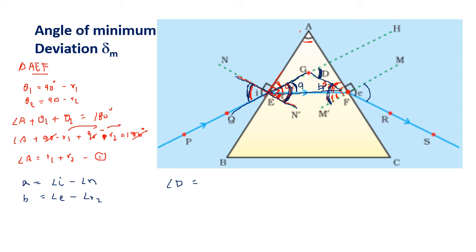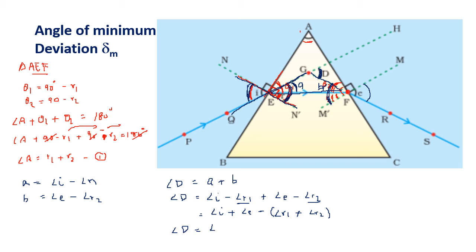So angle D equal to A plus B, which is angle I minus angle R1 plus angle E minus angle R2. I can write this as angle I plus angle E minus, taking both inside the bracket, angle R1 plus angle R2.